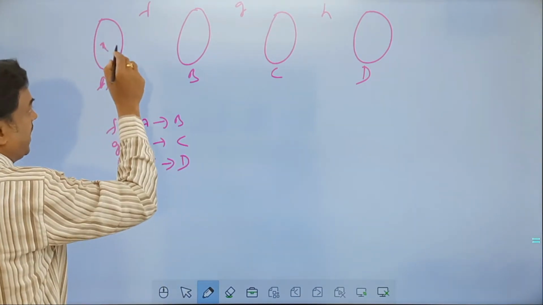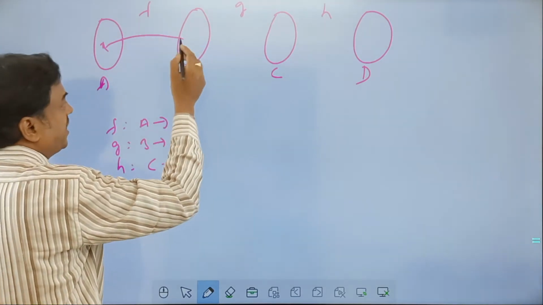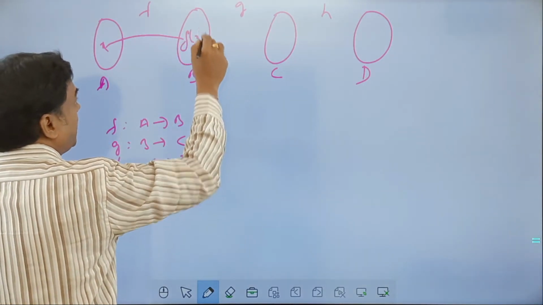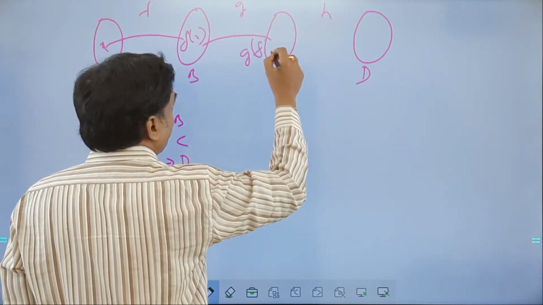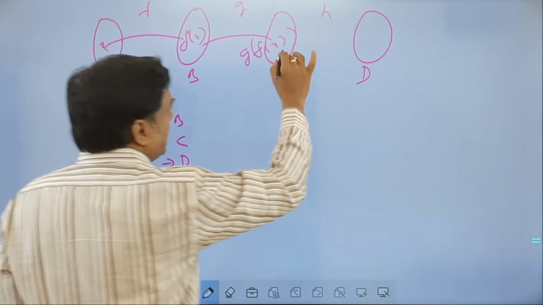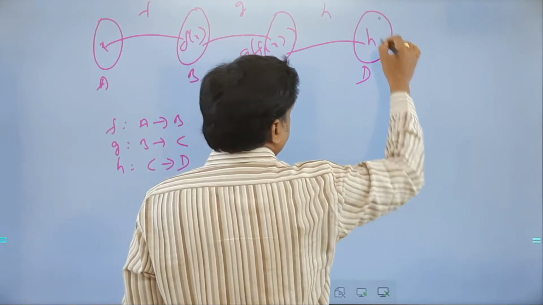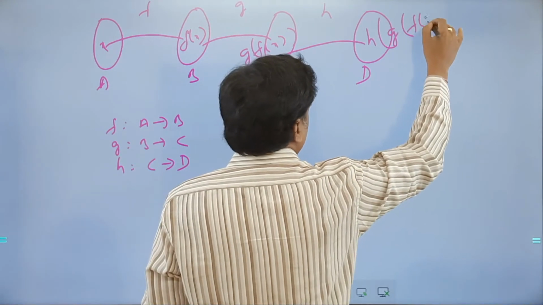So here if you have X, after applying function F, it becomes F of X. Applying G, this becomes G of F of X. And again applying H, this becomes H of G of F of X.